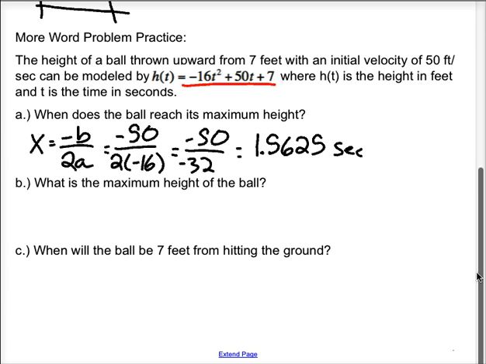So now that we know when it reaches it, now we want to know what is the maximum. So now I'm going to plug it back in.